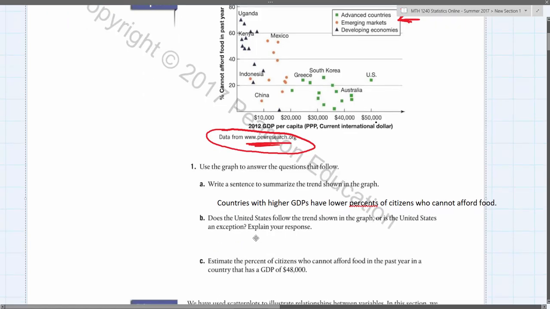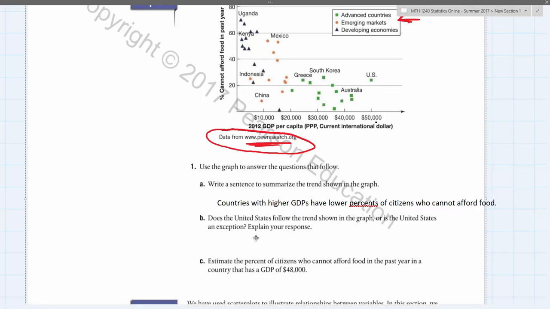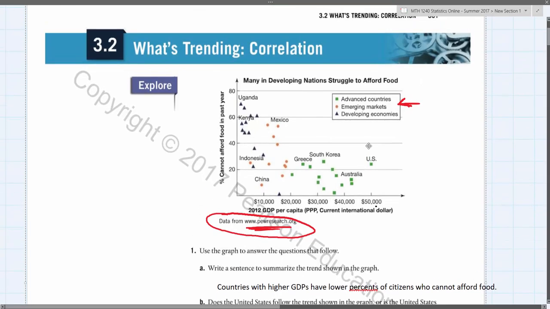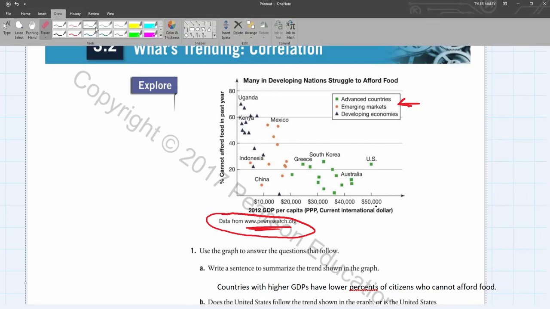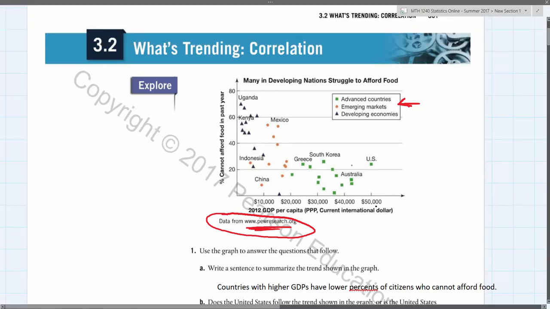So 1B says, does the United States follow the trend shown in the graph, or is the United States an exception? Explain your response. If we look at the graph a little bit, it looks like the United States is not where it should be. As we increase the x value, the y value seems to be decreasing.